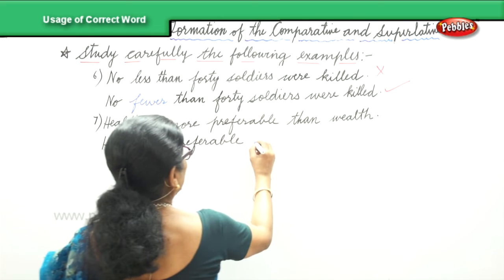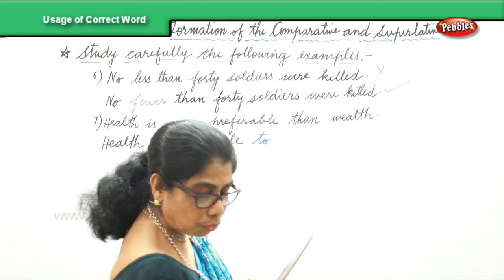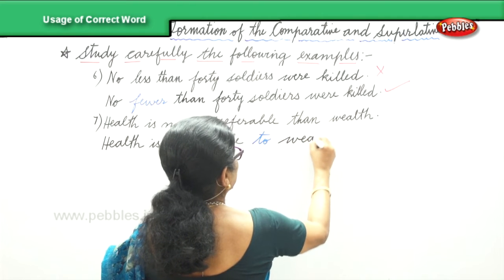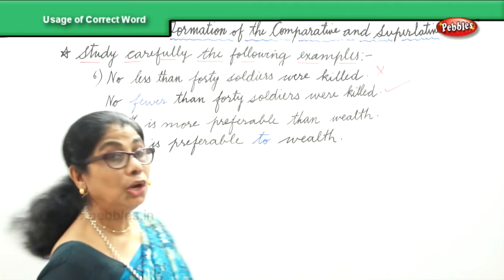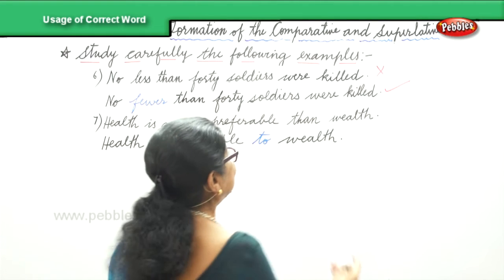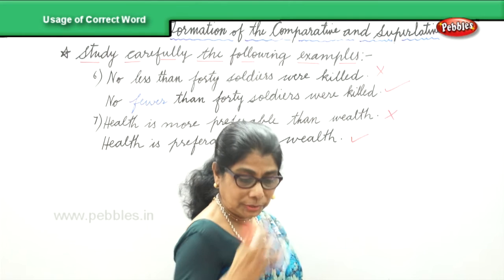Health is preferable to wealth. That's the right English. That's the right way to say. Correct way to say. So what must you say? Health is preferable to wealth. So naturally, this is correct and that's a wrong way to say.